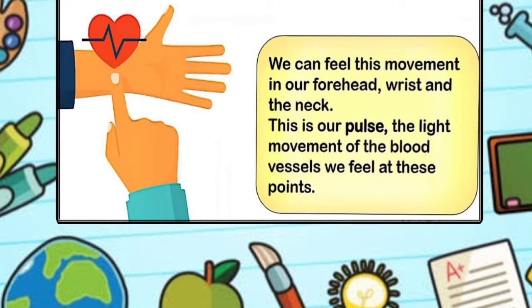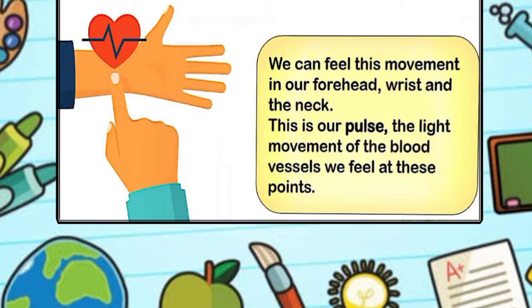The number of times a heart beats in a minute is called the heart rate or pulse. We can feel the pulse in our body at those places where an artery passes close to the skin. Feel your pulse by placing two fingers on your wrist.